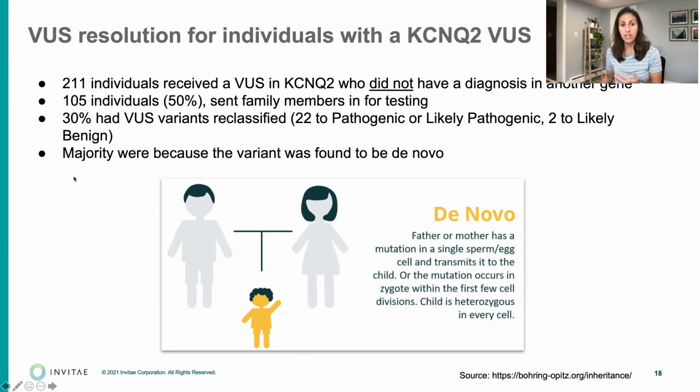And the majority of this was because the variant was found to be de novo in the affected child. So mom and dad had normal copies of KCNQ2, and the version of KCNQ2 with the pathogenic variant was only in the child who had the symptoms of the disease.